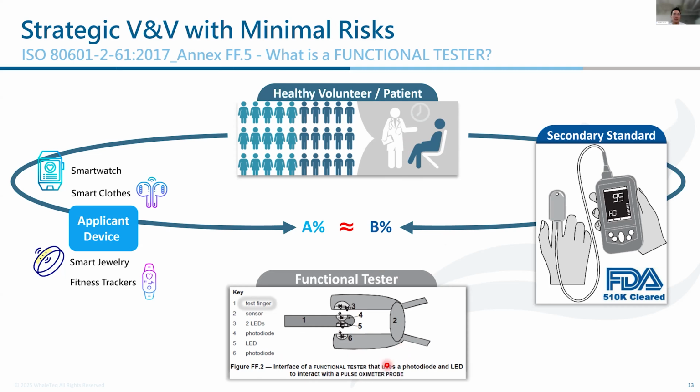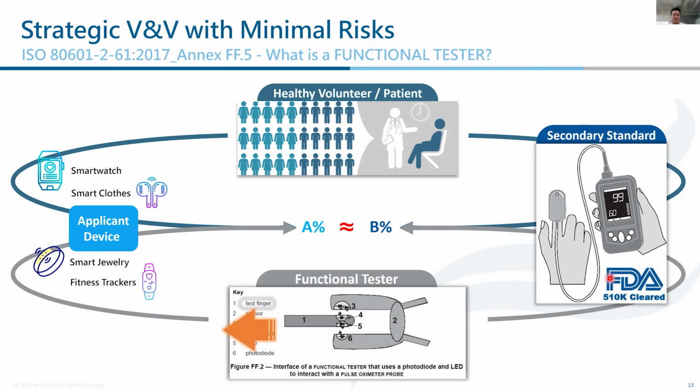You can consider it a signal source, and in the standard it is called a test finger. It has an LED on one side and a PD on the other side. You can mirror it, facing towards the PD of the oximeter and also the LED of the oximeter. Then you get the reading on the applicant device and the reading on the 510K device, and then you can compare. It will save a lot of time and a lot of resources for the R&D developers.